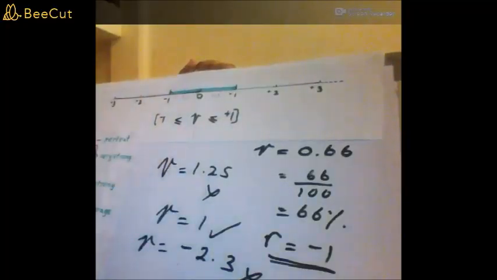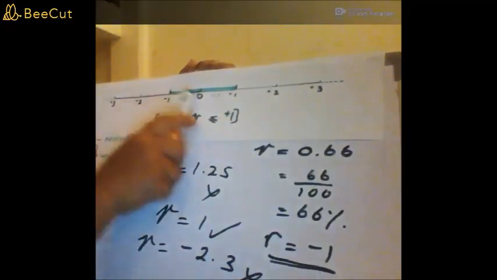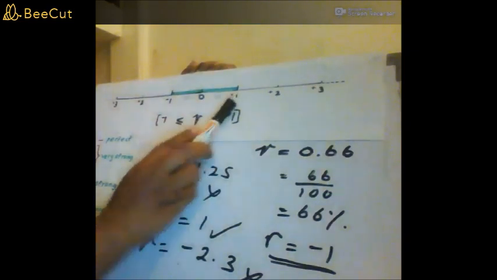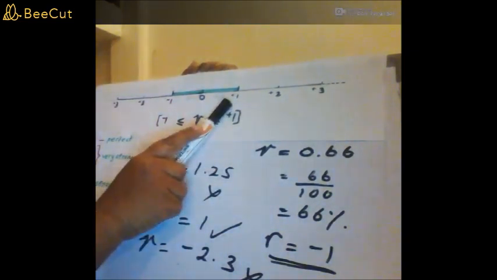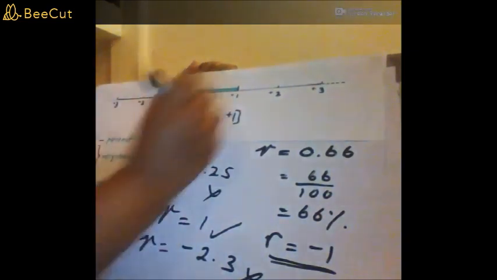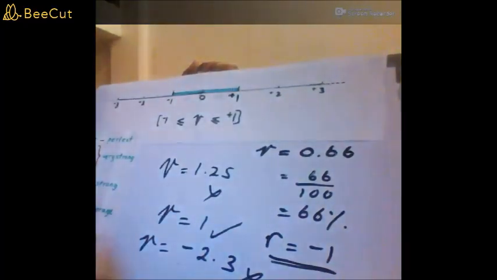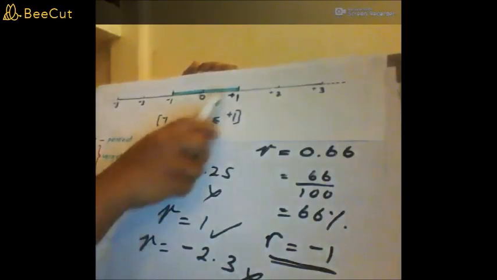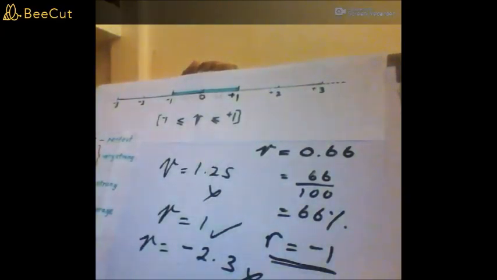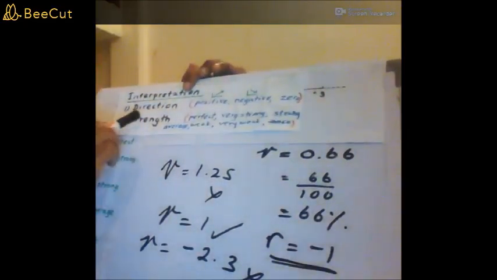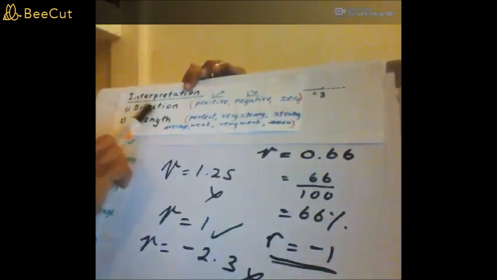Now if we study this one, rho equals, or the coefficient equals plus 1, this is plus 1. Plus 1 means there is a positive. This is the direction. Can you remember when we did the interpretation last time? Direction, positive, negative, 0.